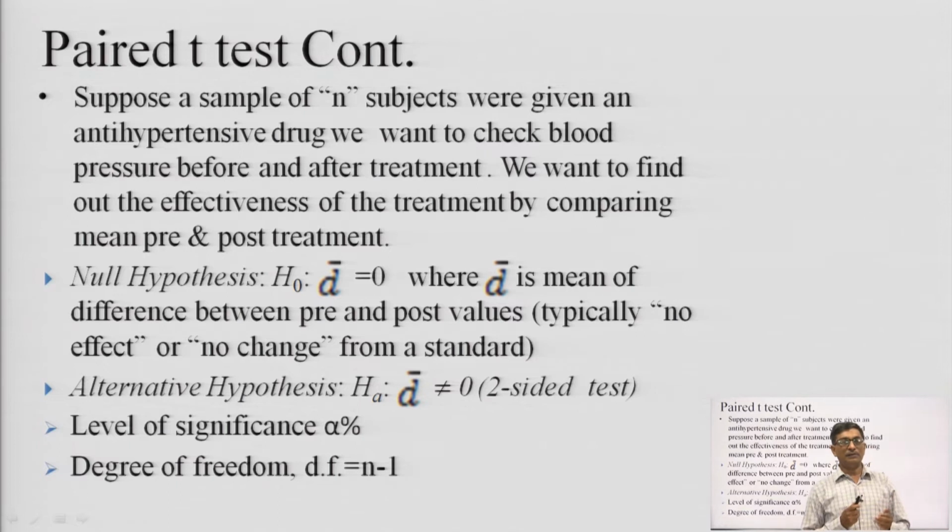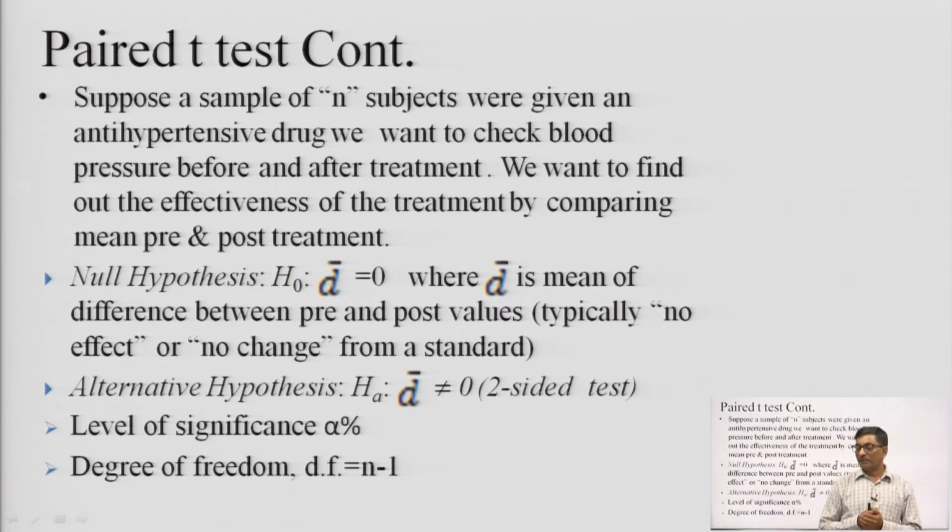The steps for the t test are: suppose a sample of n subjects were given an antihypertensive drug and we want to check blood pressure before and after treatment. We want to find the effectiveness of the treatment by comparing the means of pre and post treatment.